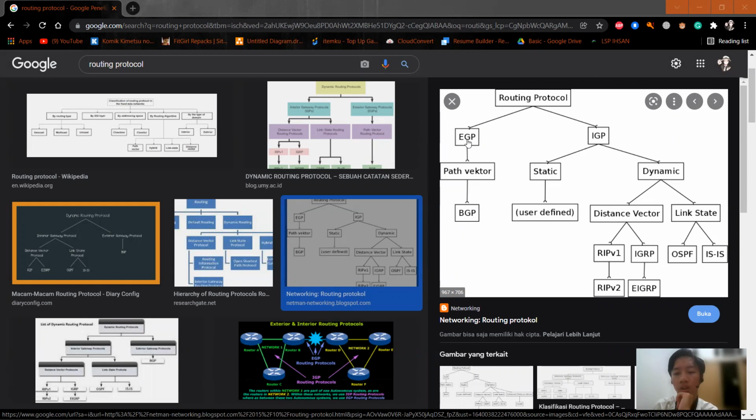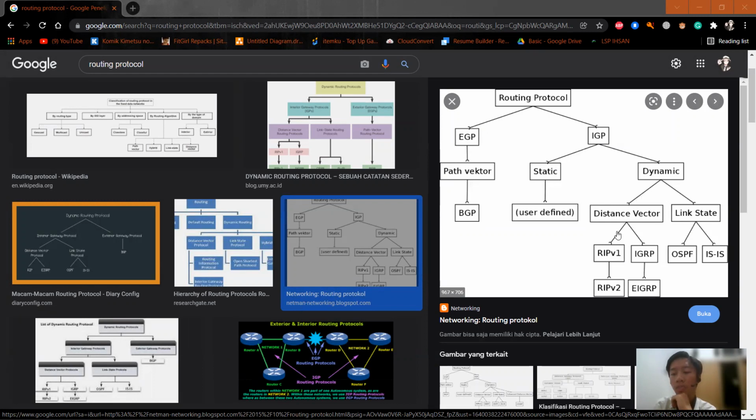EGP means External Gateway Protocol, and IGP means Internal Gateway Protocol. In EGP, there is path vector, and in path vector there is the routing protocol BGP. And in IGP, there are two parts, static and dynamic. Static is routing static, and dynamic has two parts, distance vector and link state.